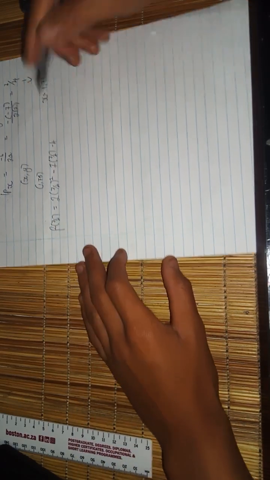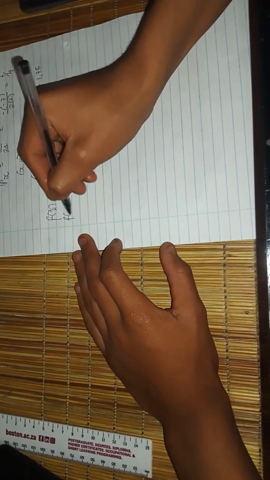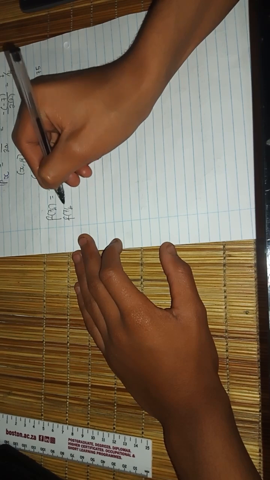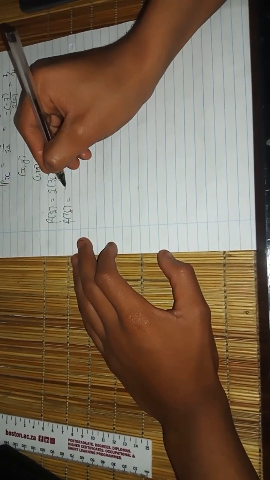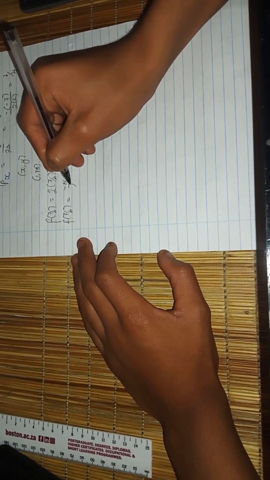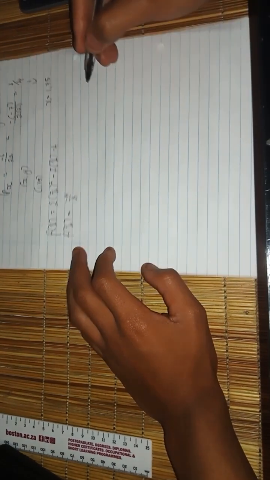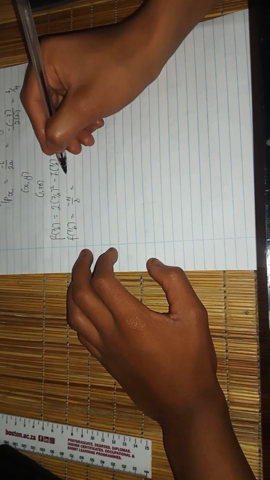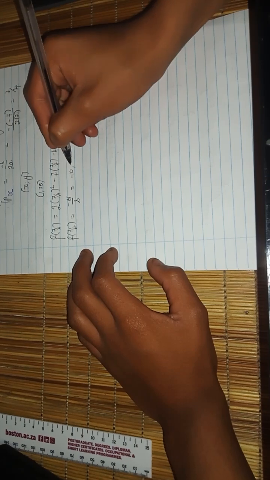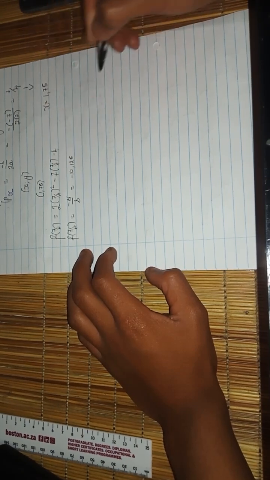After pressing numbers and numbers and numbers, we find that f of 7/4 is equal to -81/8, right? Which can be rewritten as -10,125.